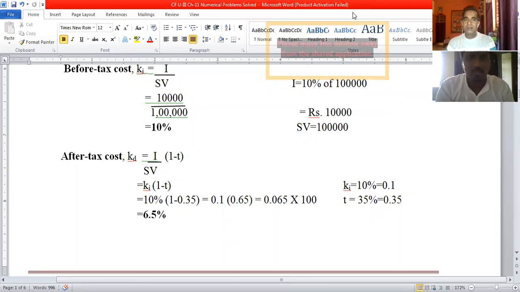You need to approve it, then only I can draw. Anyway, we couldn't see anything on the screen.